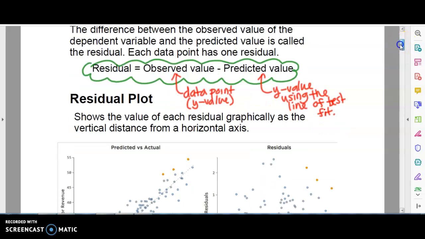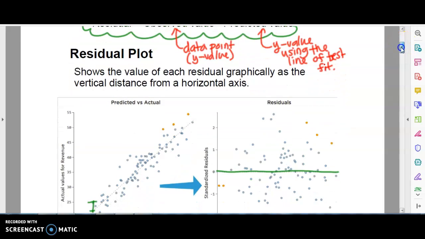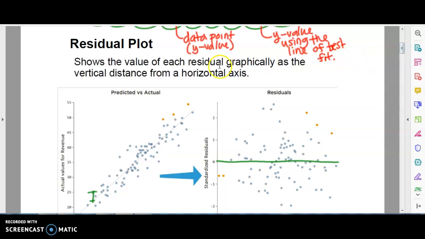Okay. A residual plot, basically a residual graph, shows the value of each residual graphically as the vertical distance from a horizontal axis. So it is graphically showing us how far each point is from the line of best fit.